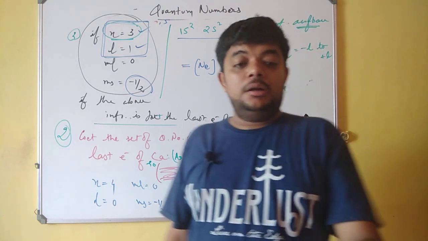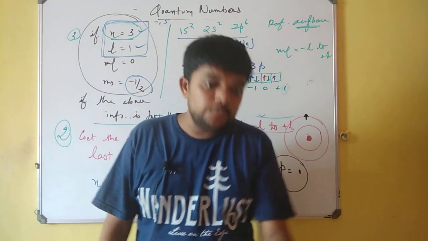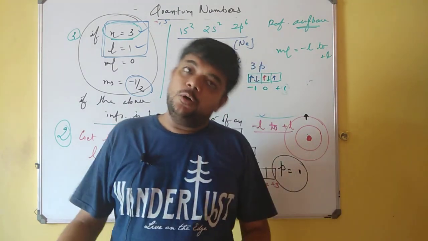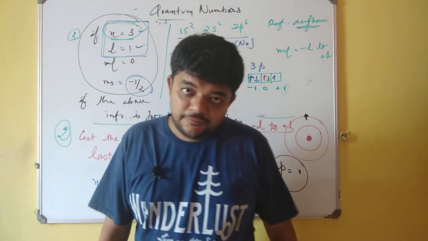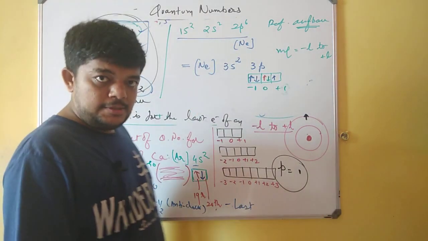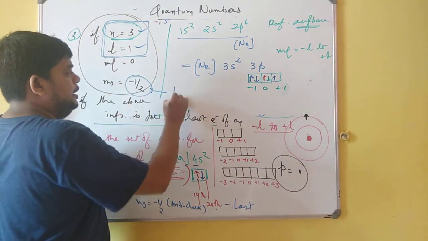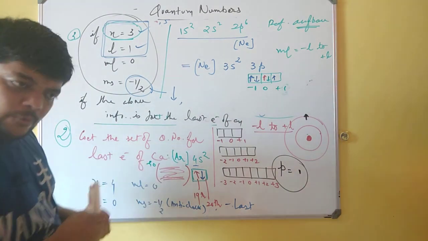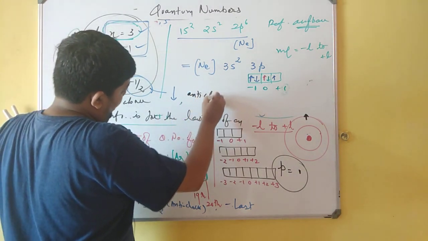But for our observation and what we have learned up to now, we have always observed that the upward arrow is placed first and it is designated as plus half. If such is the case and over here the value is minus half, it might be a downward arrow and might be anticlockwise.